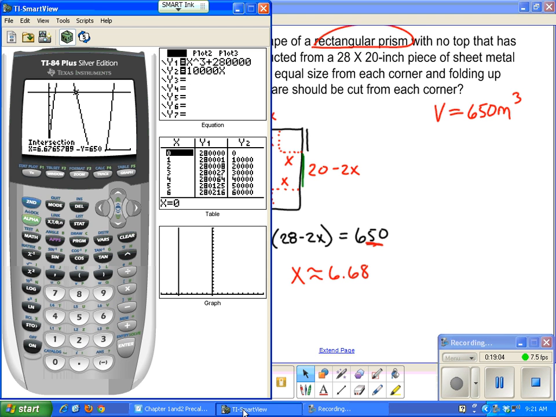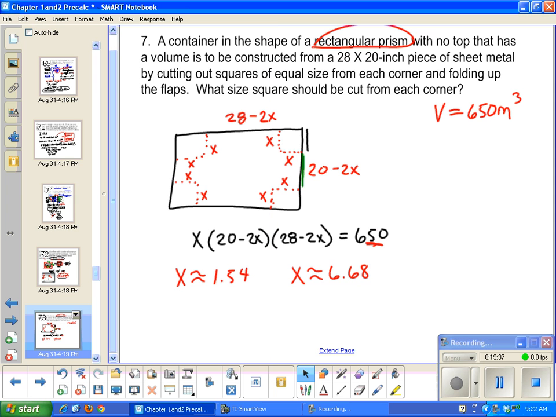And then let's find the last one, second calc. Again, the intersection. There it comes. Okay. Press enter, enter, and yes, guess. And we get 15.78.